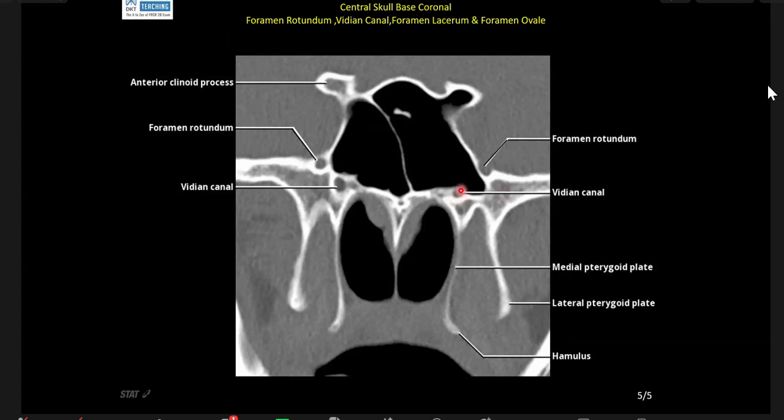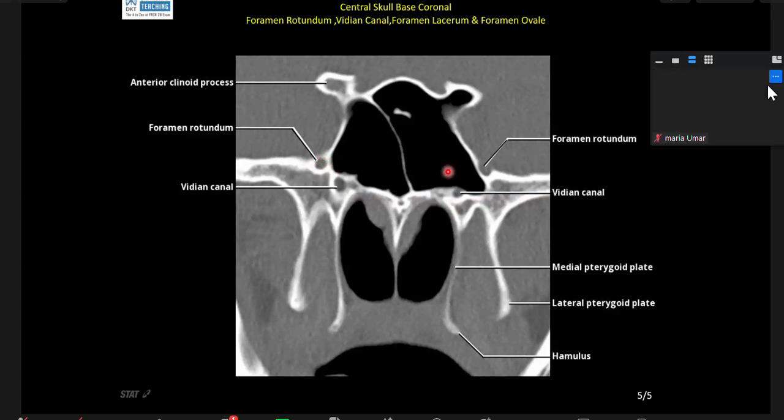As they go further anteriorly, they actually are just inferior to the sphenoid sinus. These two structures is what I'm talking about. And the foramen rotundum will remain lateral to the sphenoid sinus. So this is extremely important for you to remember.